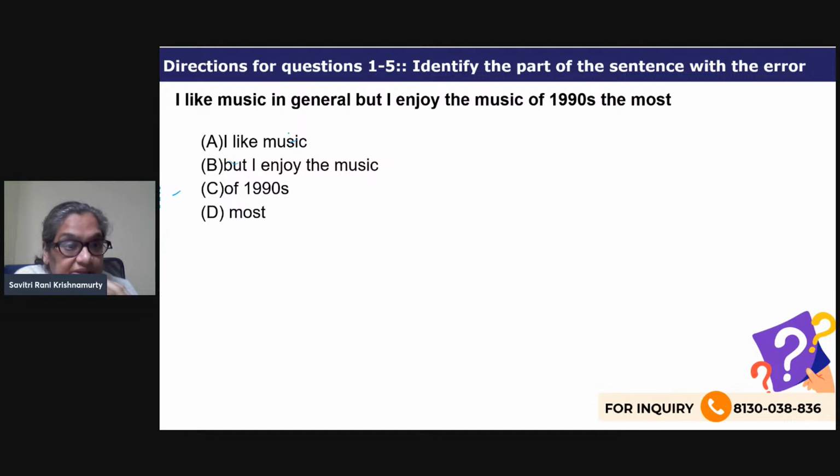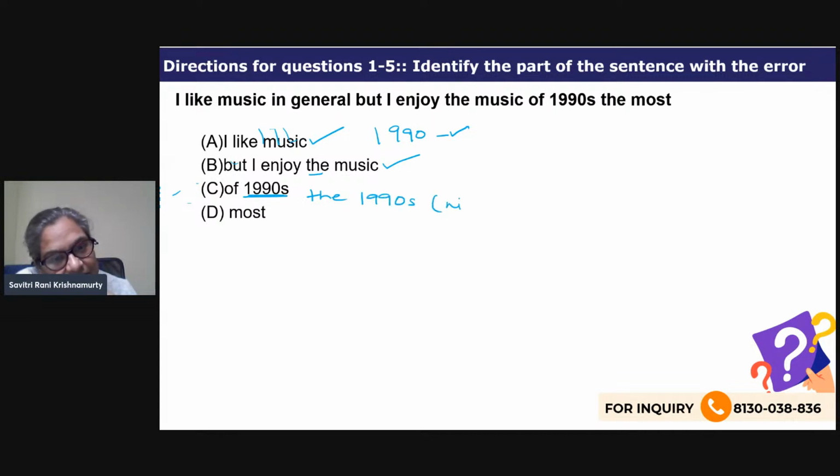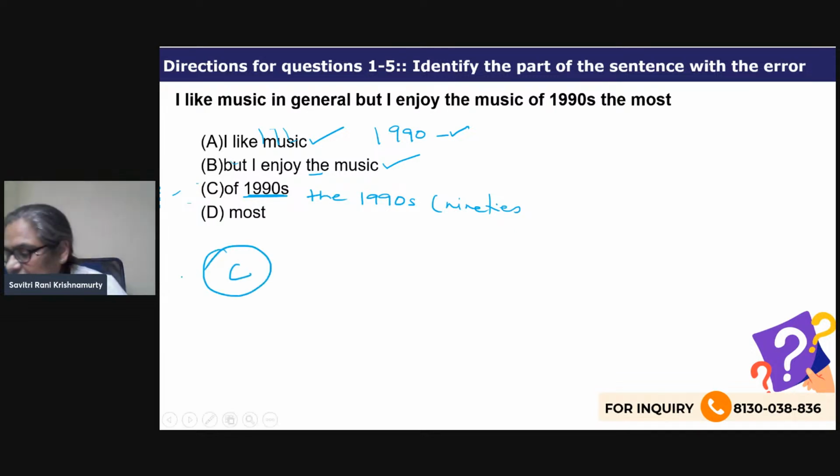But here we're talking about the music of 1990s, so this the is also correct. If I say the music of 1990, only one year, then it is correct. But here I'm talking of the decade, so I should say the music of the 1990s. So C is the part of the sentence with the error. Do you get it, all of you?